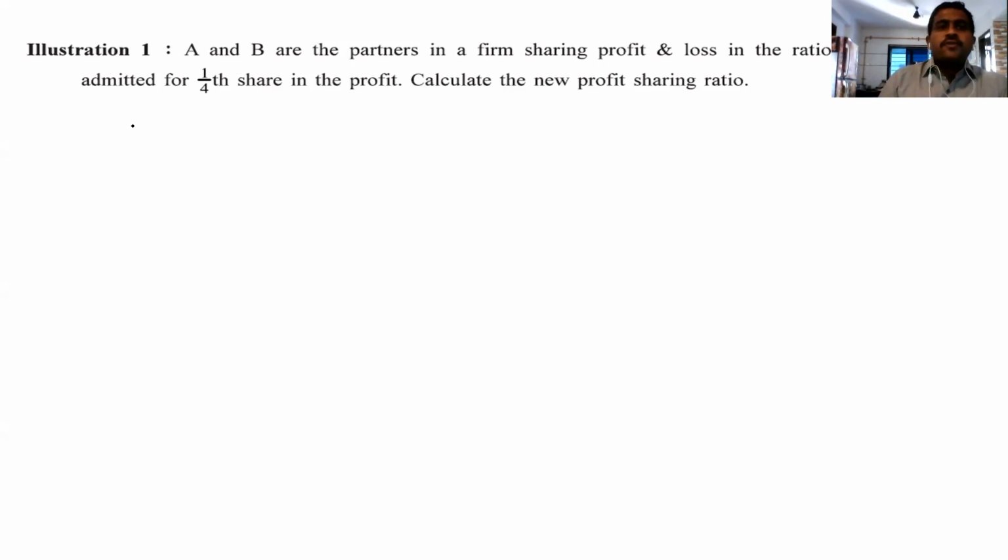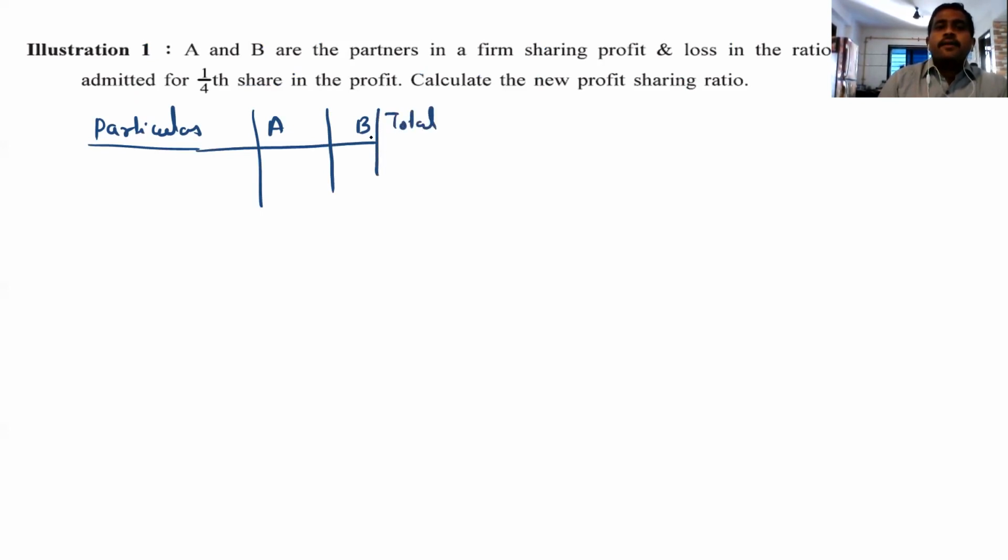So the first information we have, particulars A and B. You also start writing particulars A and B. In particulars, we can write old ratio, that is 3, 2, and total comes to 5.